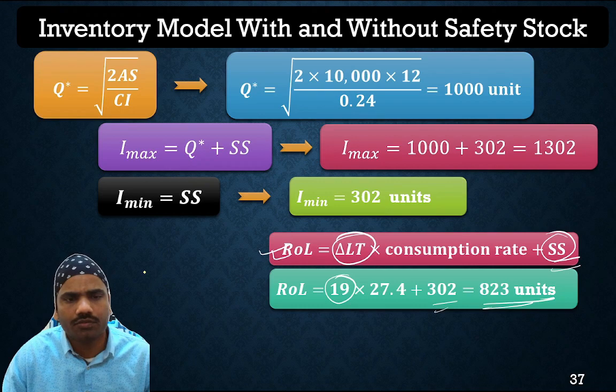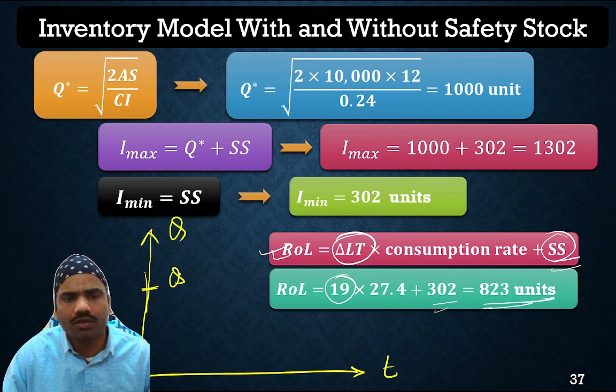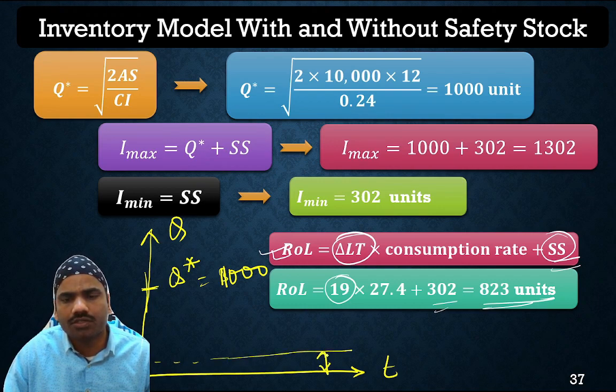We can have a plot of quantity against time. There we have the economic order quantity, which is 1,000. We have to maintain a safety stock of 302.